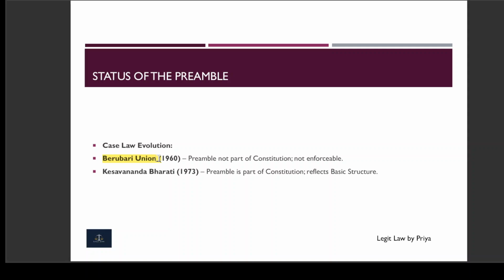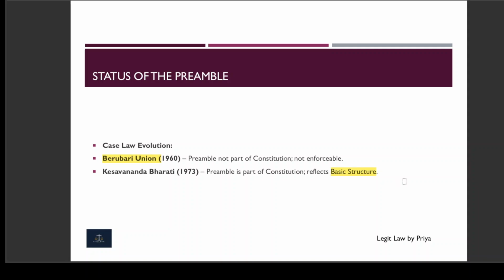Whereas coming to Kesavananda Bharati, later on the 13 judges bench. So there were 13 judges who decided that preamble is an integral important part of the constitution and it embodies the basic structure doctrine. So what is basic structure doctrine?